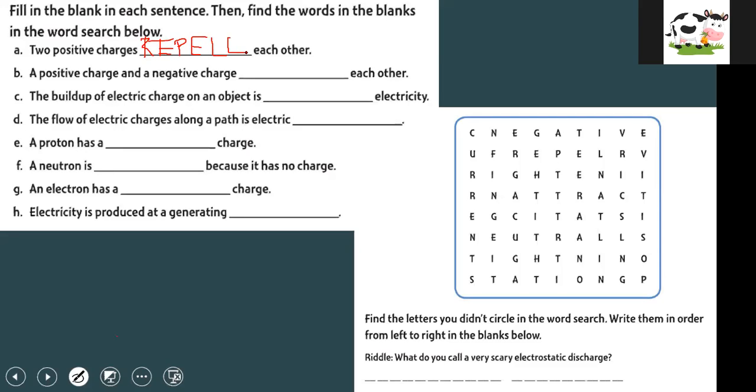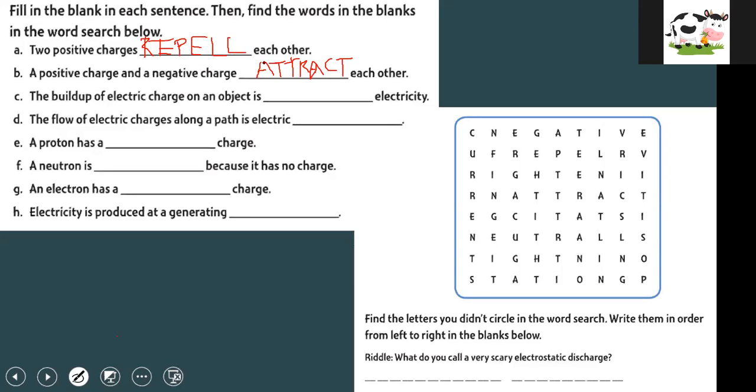Repel. Okay, then a positive charge and a negative charge, what happens between them? Okay, Nathan? Or Sophia? Attract. Yeah. Okay. Attract, good.